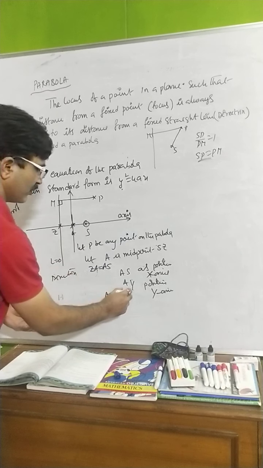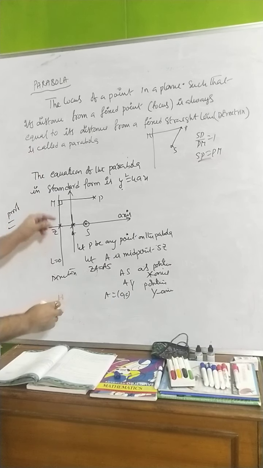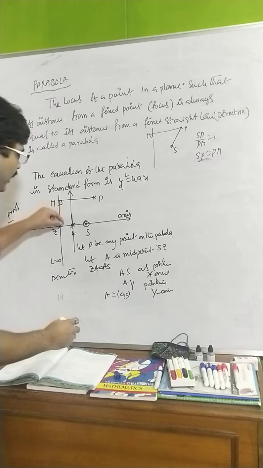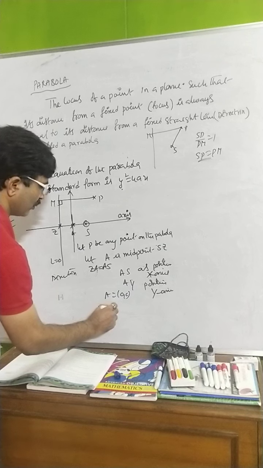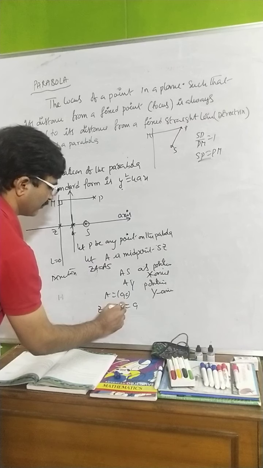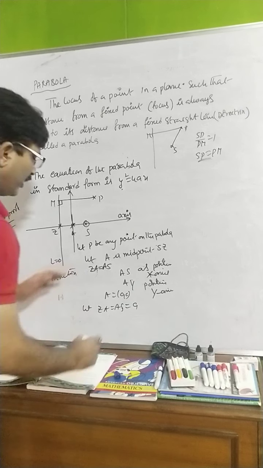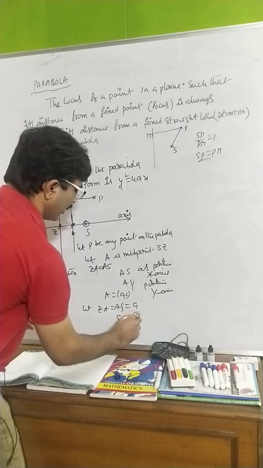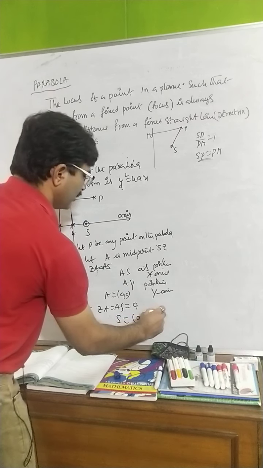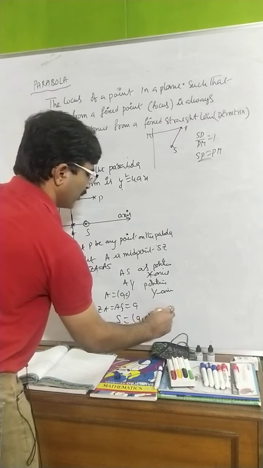Then A becomes 0, 0. When A is the midpoint of SZ, ZA is equal to AS, some distance a. Then S becomes a comma 0 and Z becomes minus a comma 0.